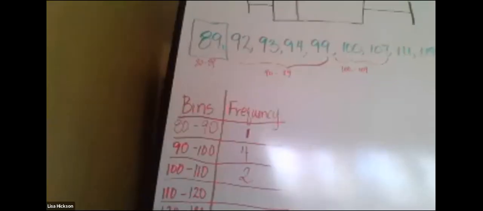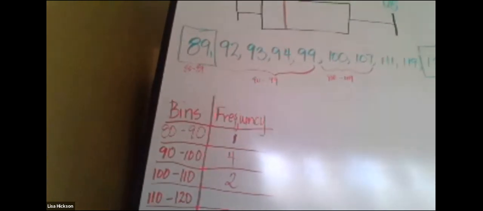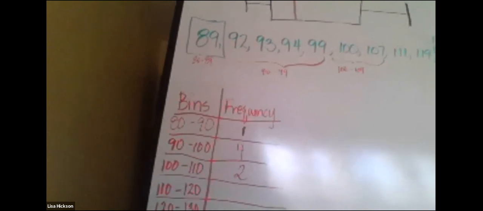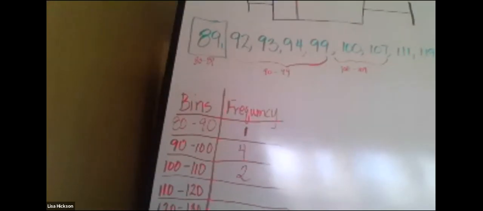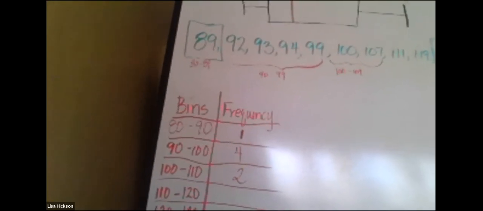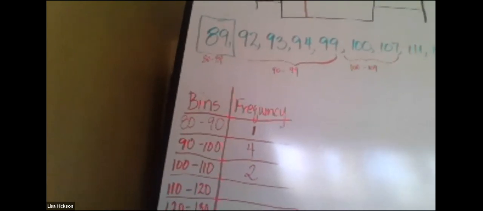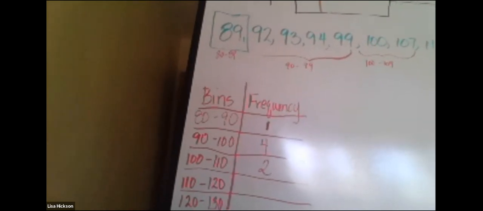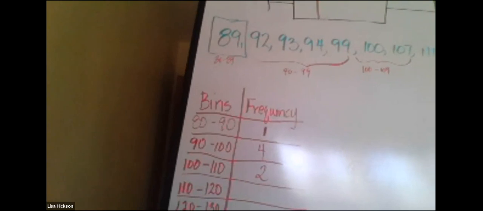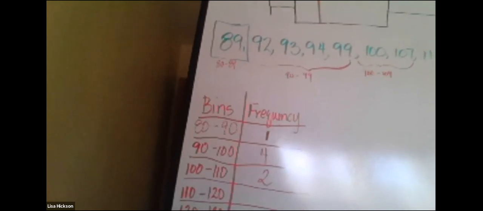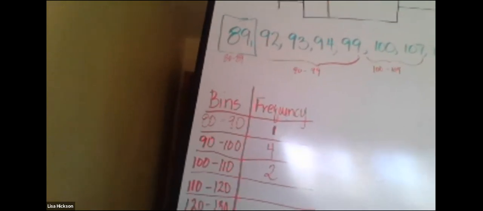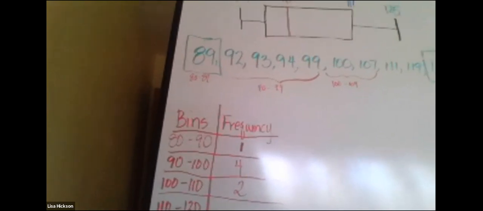Okay. So again, in the first bin from 80 to 90, you are only counting the numbers from 80 to 89. So we have 1. In the second bin, we are counting from 90 to 99. The bin is 90 to 100, but inside of the bin will only be the numbers from 90 to 99. So there are 4 of them. In the third bin, we will count the numbers from 100 to 109, and we have 2.